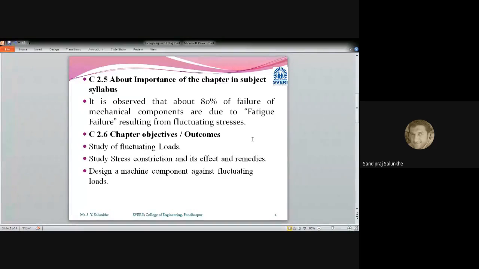Now, why has this unit been introduced in our subject? Can we omit this? That question may come to our mind. But this unit is very important as far as our design one subject is concerned, because once you are able to design, that is finding out the dimension of a component which is undergoing a continuously applied load, that is static load, then you will find that only static load is not coming on any machinery.